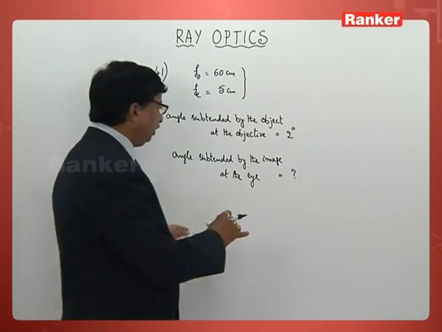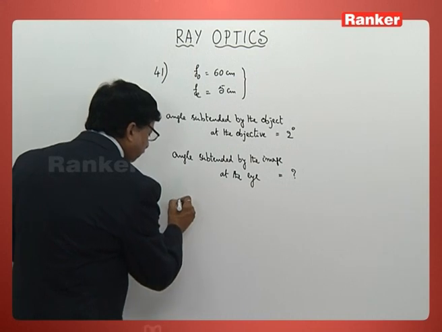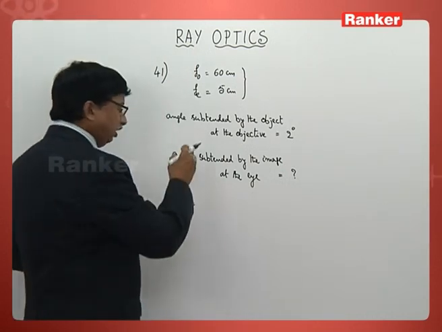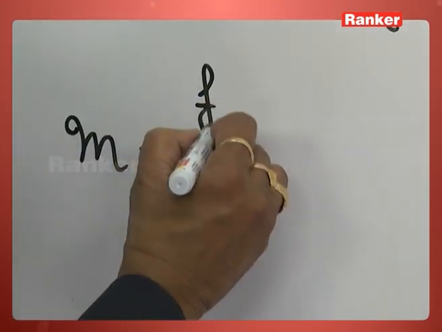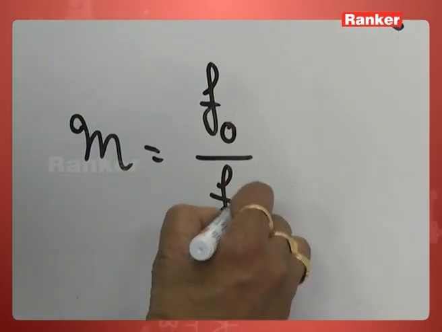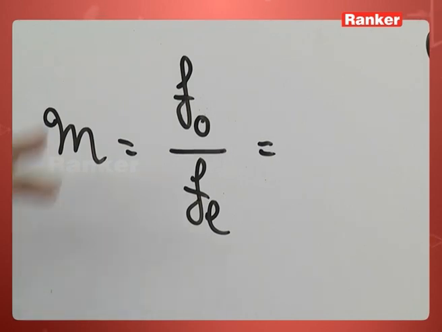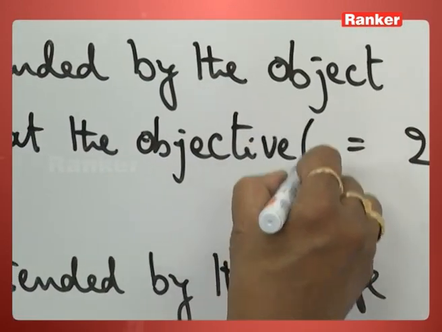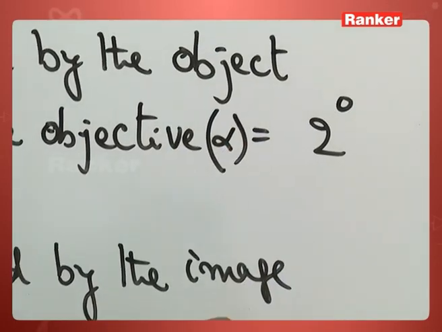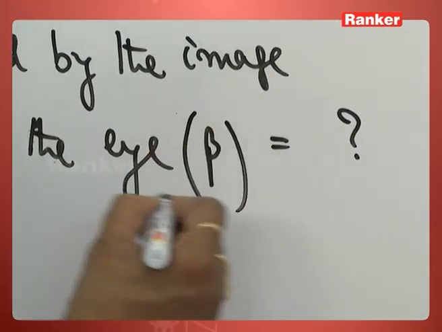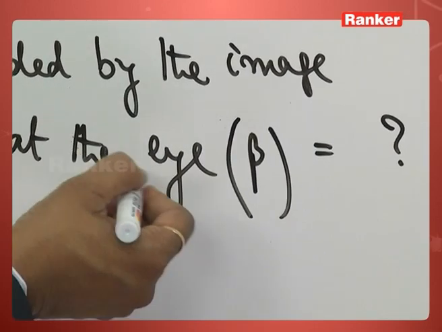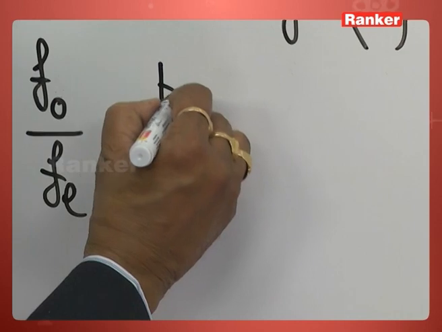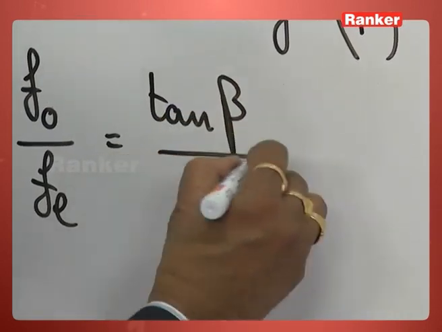Okay, so how to write that? Usually the magnification, when the final image is formed at infinity in the case of a telescope, we write as FO by FE. That itself we write like this: the angle subtended by the object, if I take alpha, at the objective, and the image, if it is making an angle beta at the eye, then we generally write tan beta by tan alpha.